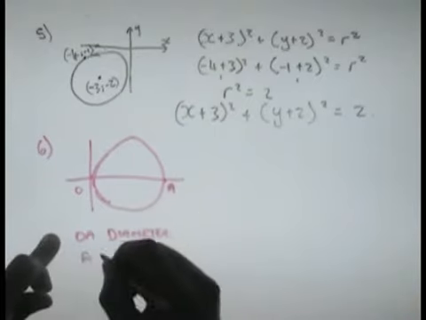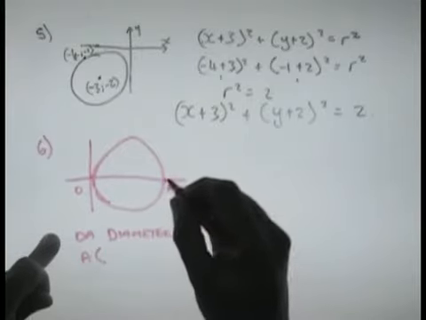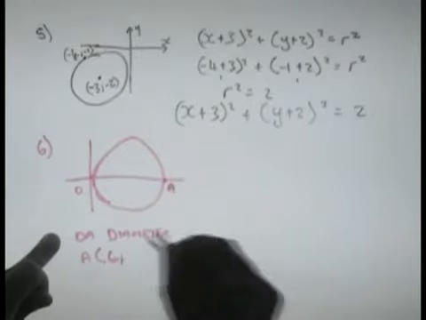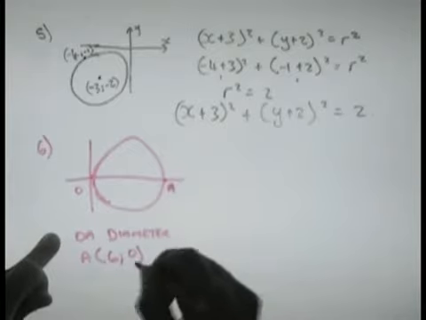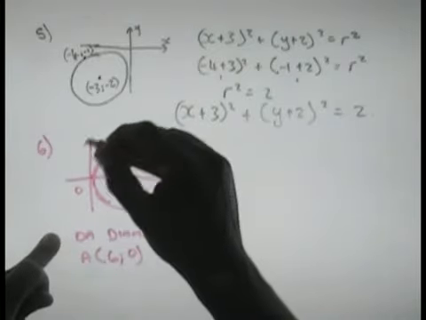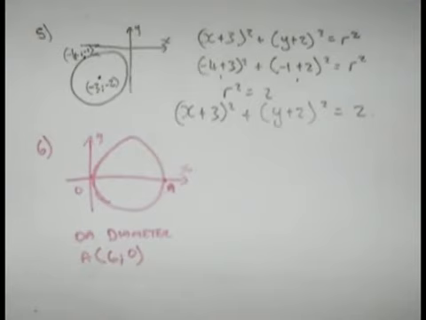Also, we are given the coordinates of A. We're told that it cuts it at x is equal to 6. It's on the x-axis, which means that y is equal to 0. Now, it does seem like a tough one to draw. It really is not that difficult to draw.